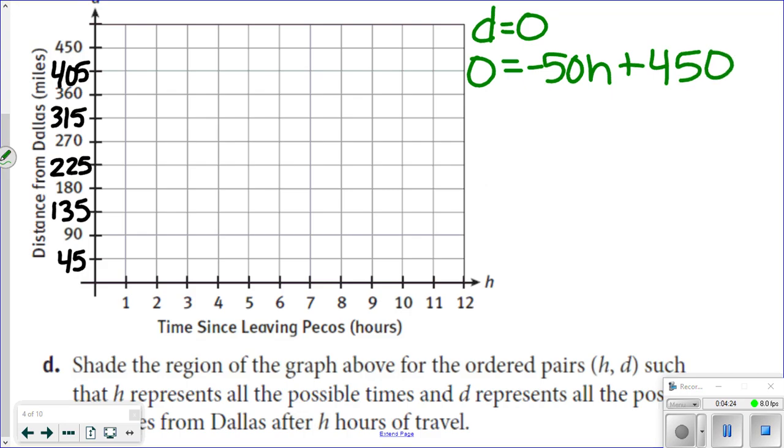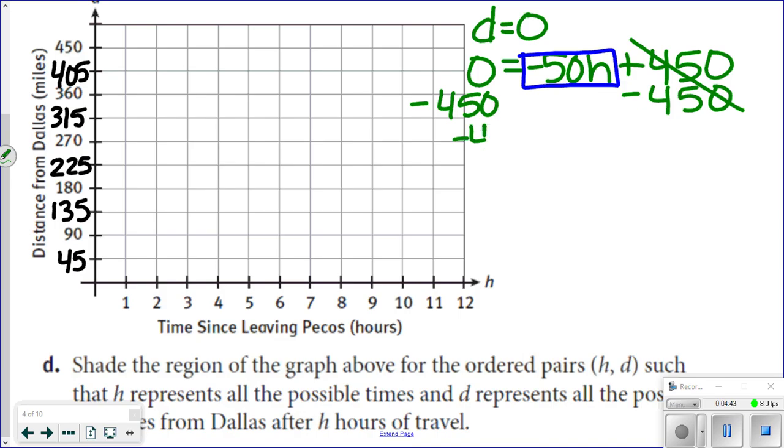We need to figure out the number of hours. So let's subtract 450 from both sides. This cancels out. Why? Because we're trying to get this alone, trying to isolate it. So we get negative 450 equals negative 50h.